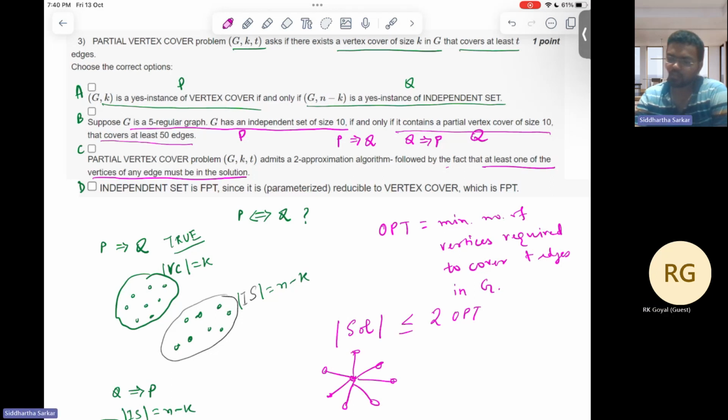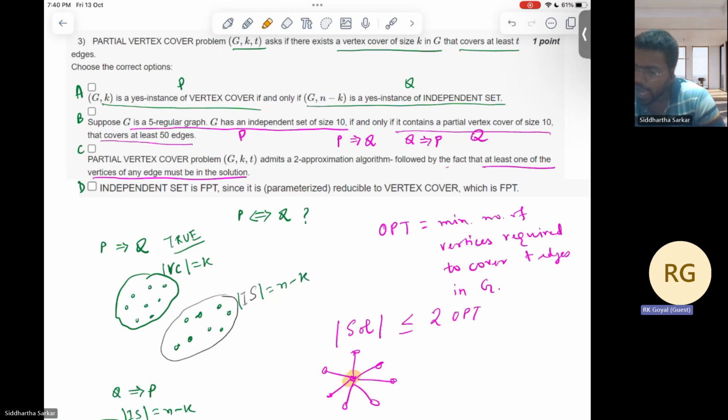The minimum vertex cover is which one? One, you pick the central vertex, and this will cover all the edges. So vertex cover is one. So why do you have to take half the vertices? There could be so many vertices, but maybe the optimal is just one vertex.